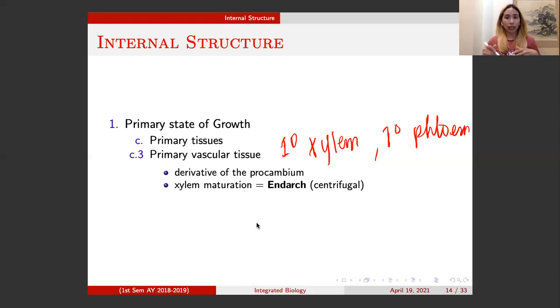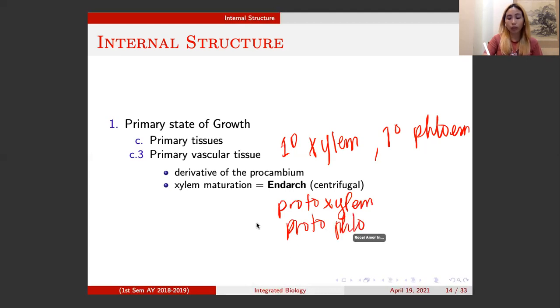Na formation ng xylem. That means yung mga protoxylem are the very first xylem tissues or xylem cells that will be formed during xylem formation. The protoxylem and the protophloem, so ganun din sa phloem, yung mga unang phloem naman na magpo-form, they are found mostly near the main axis.